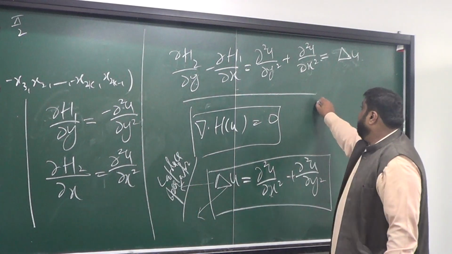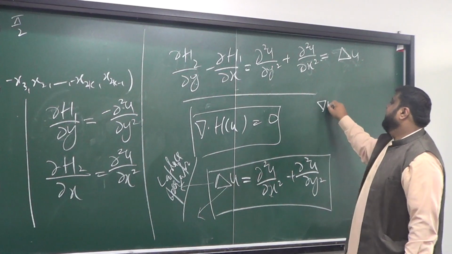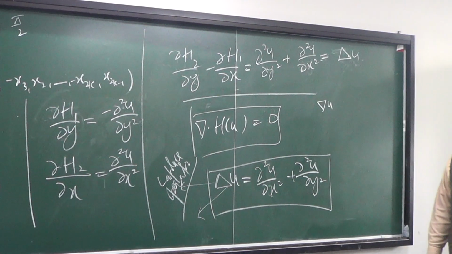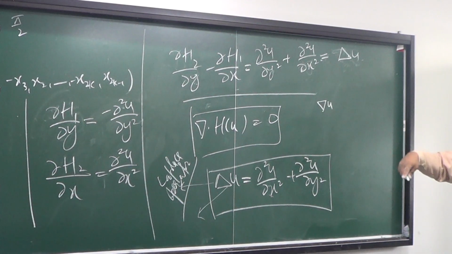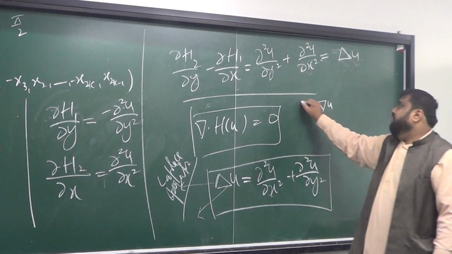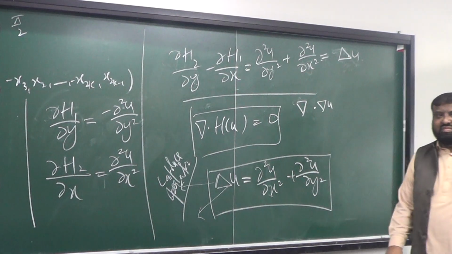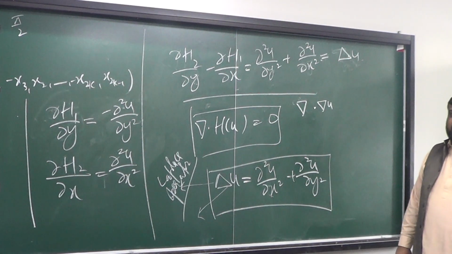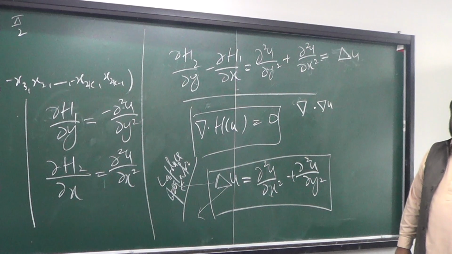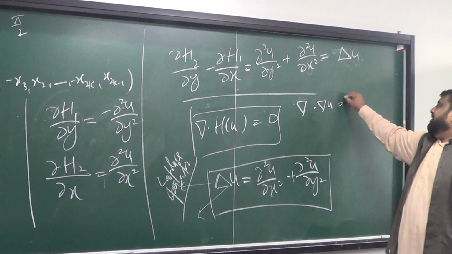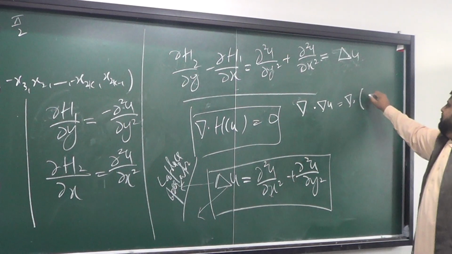We can really prove that if you take the gradient of u, it's going to be partial u by partial x and partial u by partial y, and compute its divergence. It's like you have this del and you want to compute the del of this.